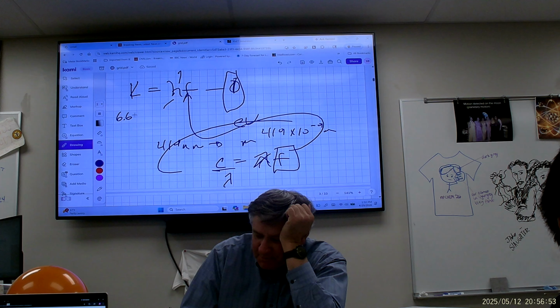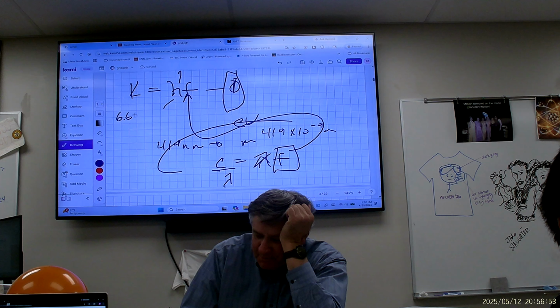The energy of the incoming photon. So the 419 nanometers gives you the energy of the photon. Now, on the front, I tell you, you want to use that 1,242 electron volt nanometers. So this is E.